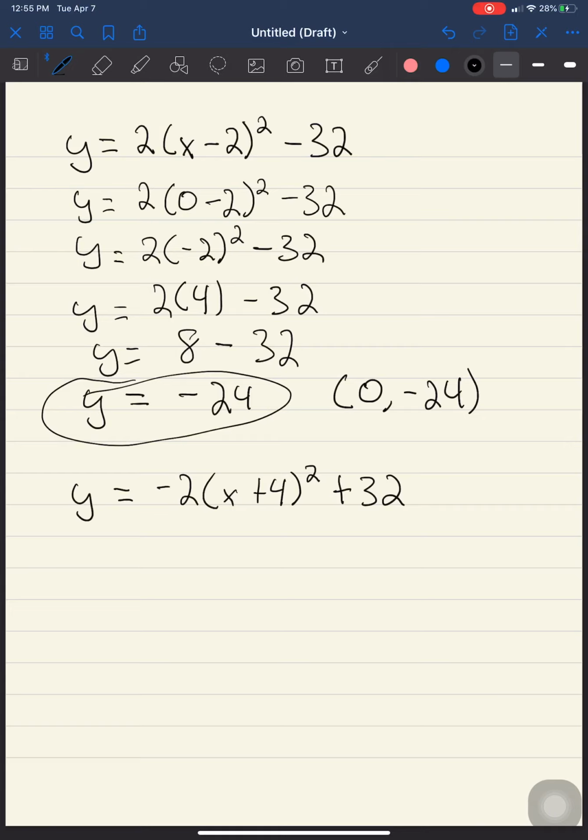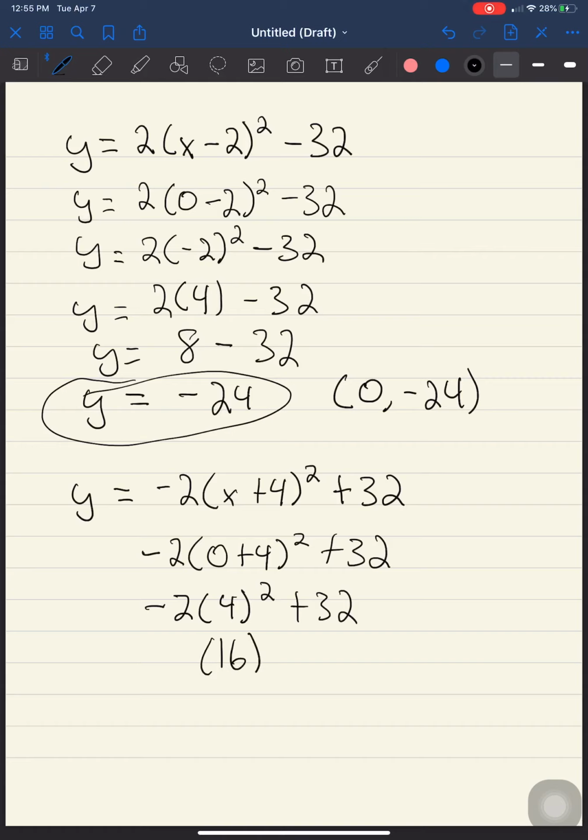So here we go. We're going to start by plugging in 0 for x, and then use PEMDAS. I'm going to start with my parentheses, and 0 plus 4 is 4, and then 4 squared is going to give me 16, and then negative 2 times 16 is going to give me negative 32.